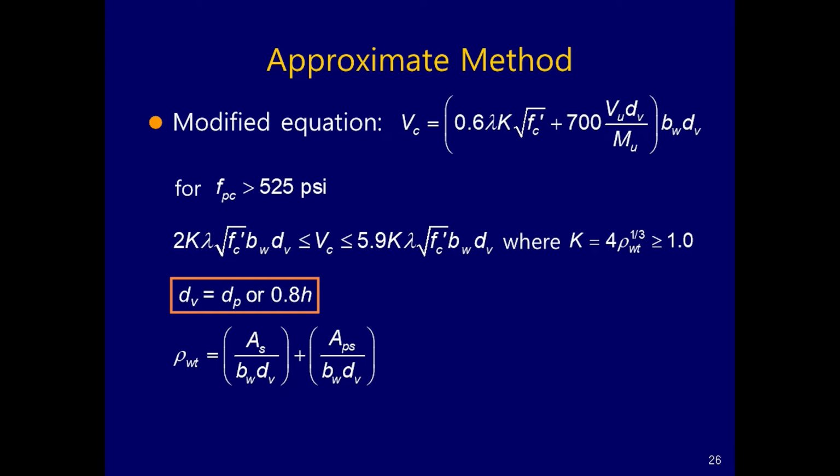For example, for a pretension system, d_p calculation is not too difficult because normally it is a straight tendon profile. For post-tension with a draped tendon profile, you can take 0.8h.